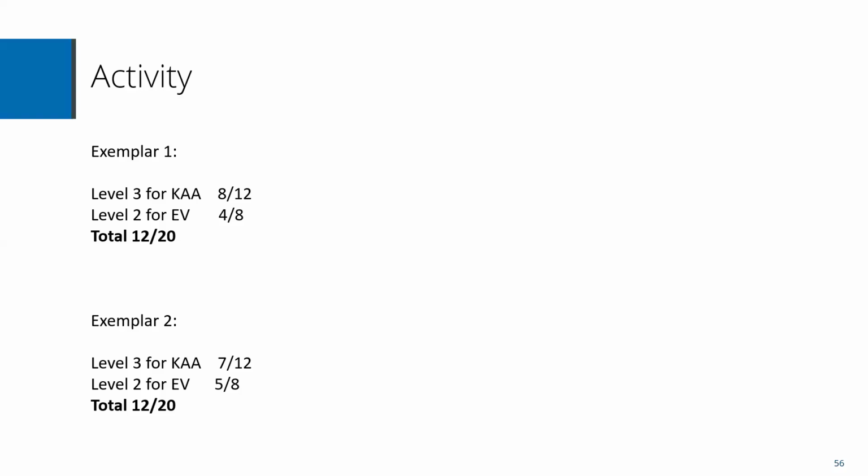So example 1 scored 12 out of 20, and you can see the breakdown here. For knowledge, application and analysis, 8 out of 12, and for evaluation, 4 out of 8. We'll break it down to have a look. In the first example, the first two paragraphs contain basic information, just at level 1, for knowledge, application and analysis.